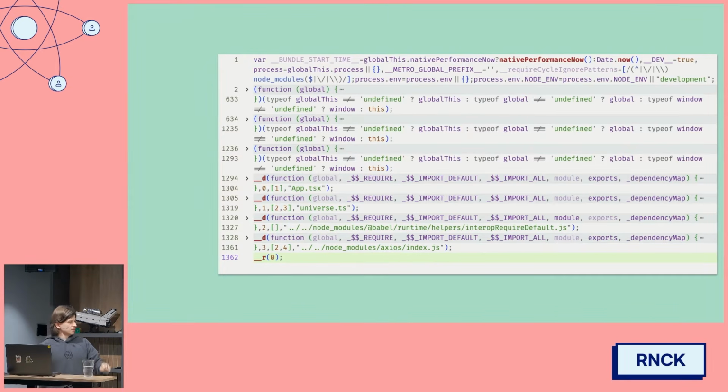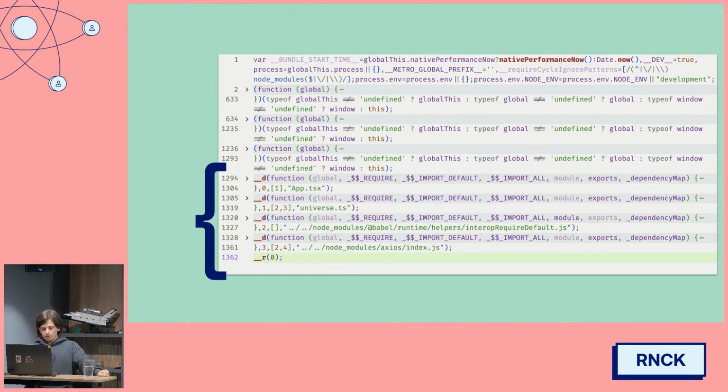So this is only 1,300 lines. And the key elements that we have here is that in the beginning, we have some initialization, which is not important to us. But in the latter part, we have the __d, and in the last line, __r invocations.